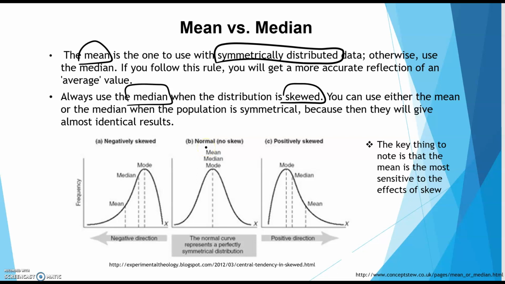Now the reason why you wouldn't want to use the mean for your skewed data is your mean is going to be drastically affected by all these values over here, and it's really affected by an outlier, because your mean incorporates every single number. You add all the numbers up and then divide by how many numbers you had.